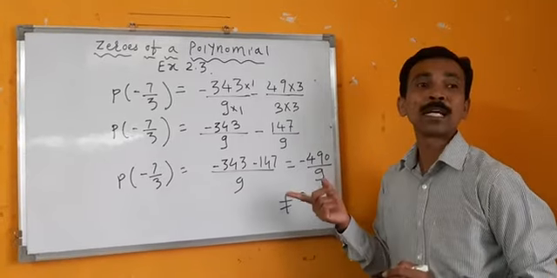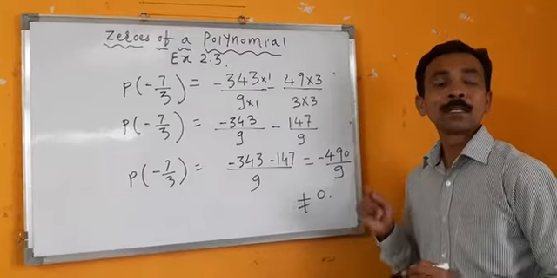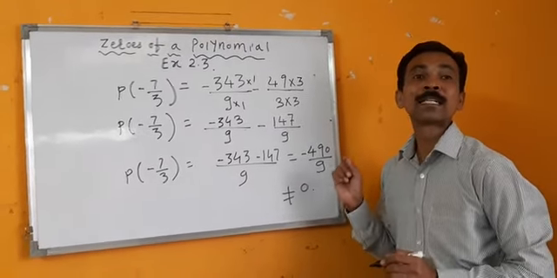Because in the beginning I said, if the remainder comes 0, only then 7 plus 3x is a factor.